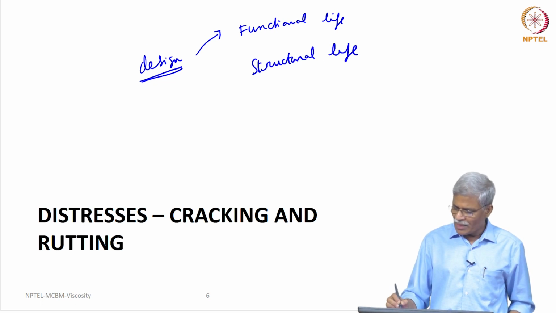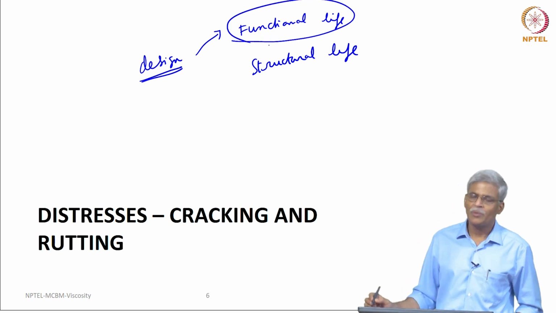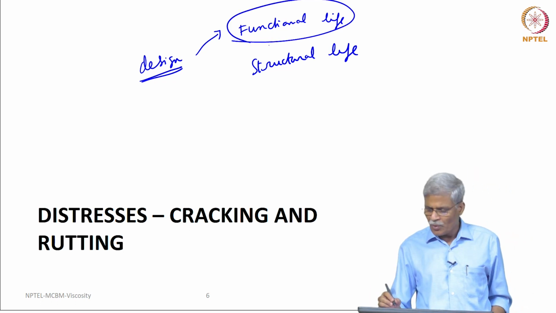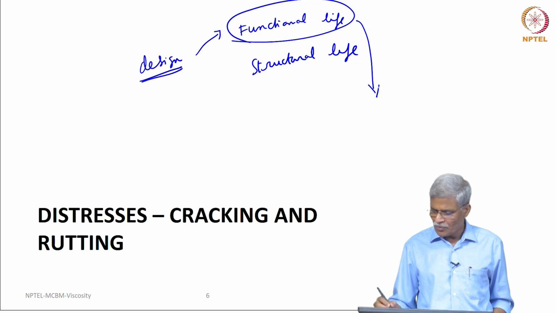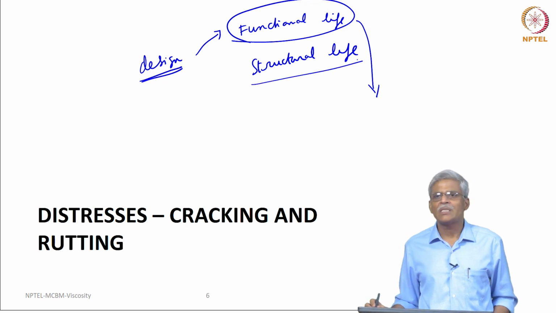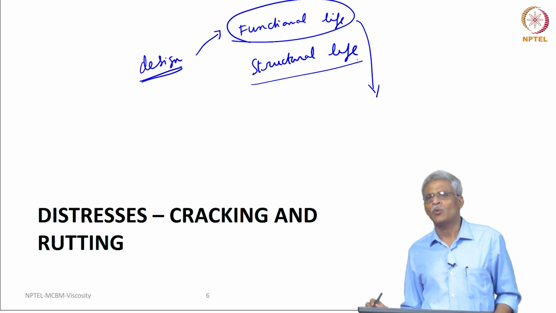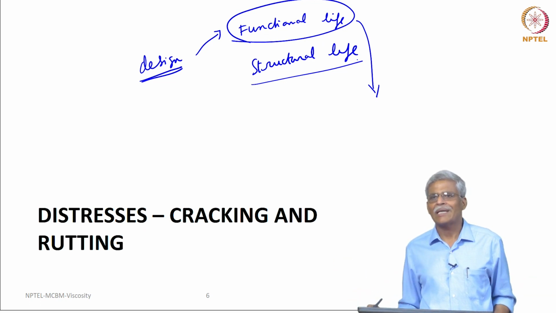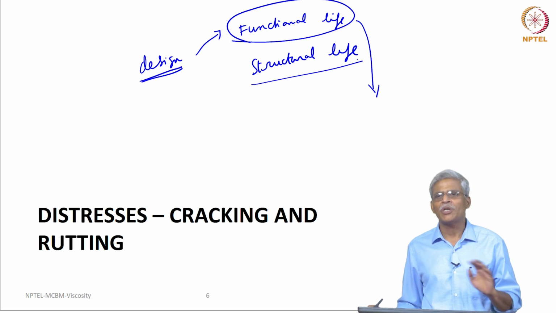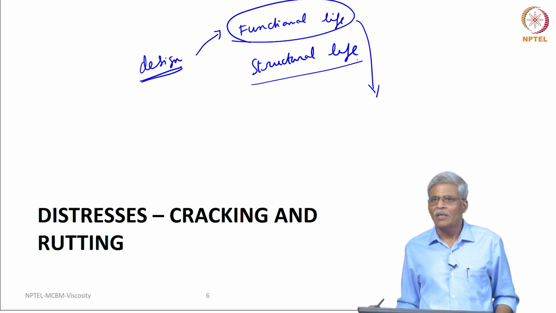The interesting aspect related to bituminous pavement is that we worry only about the functional life. If the structural life is reached, it essentially means that the road is no longer motorable, or you are going to see big craters or cracks. That situation normally never arises in a pavement.